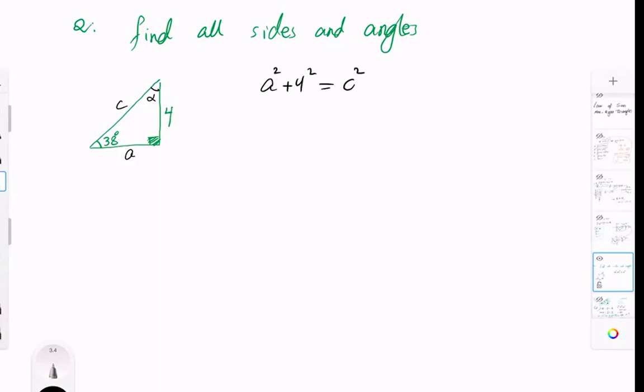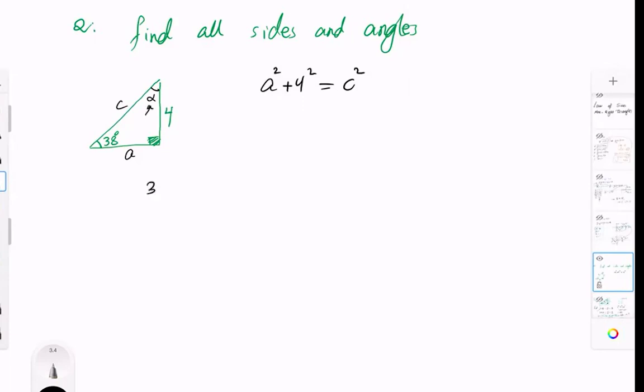How do we solve this? Finish the right angle first. So you mean solve for alpha?